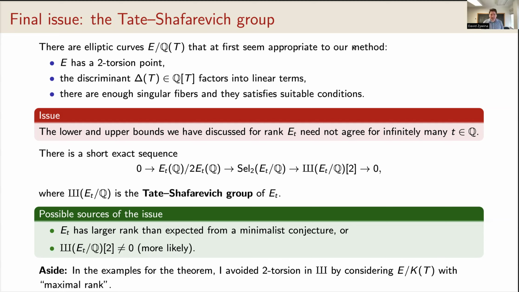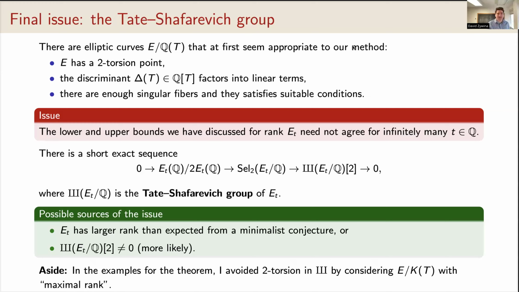And I do this by choosing families with maximal rank. So in my example I gave earlier, I said geometrically the rank is at most 4, and then we saw it was actually 4. And this maximal rank condition somehow managed to get rid of the extra elements of Sha that could show up geometrically.